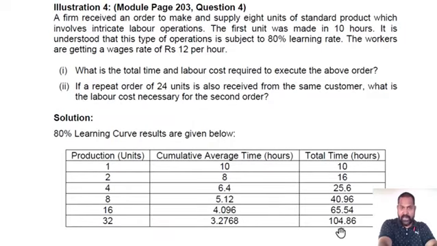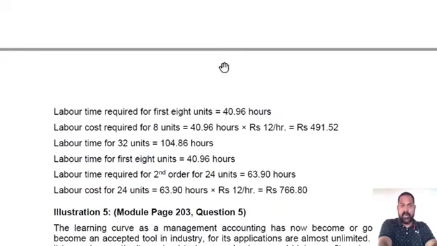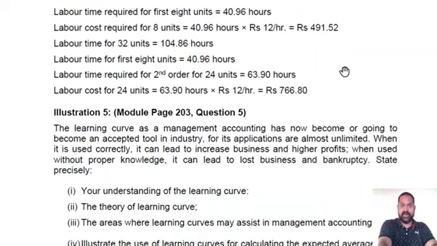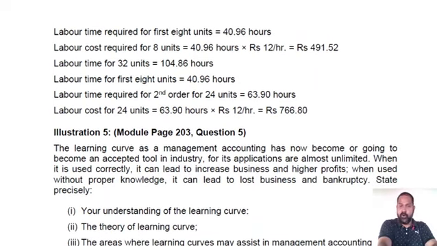So they've found the time, they haven't found the cost. Let's come here directly. The labor required for 8 units is 40.96 hours. So the cost is 40.96 into 12, which is 491.52 rupees. That is exactly what we have also.